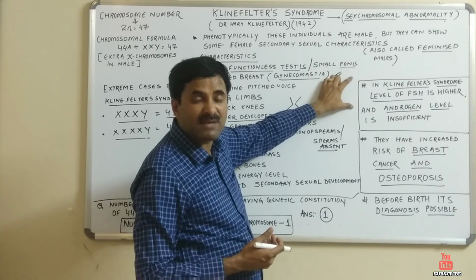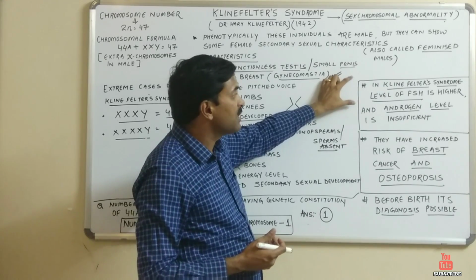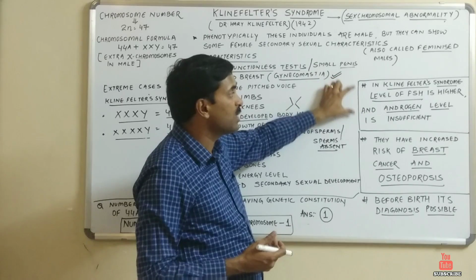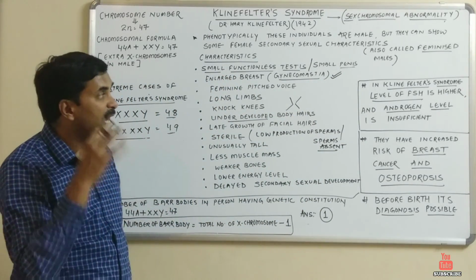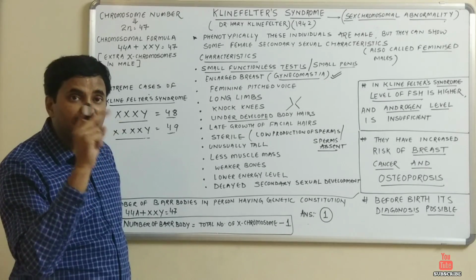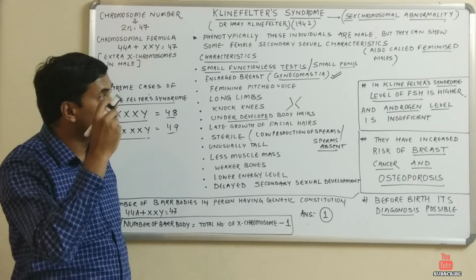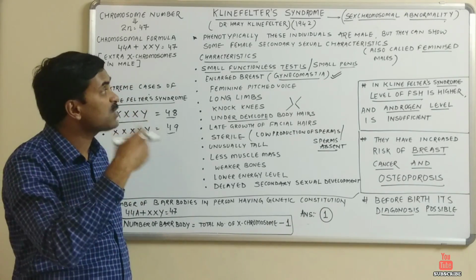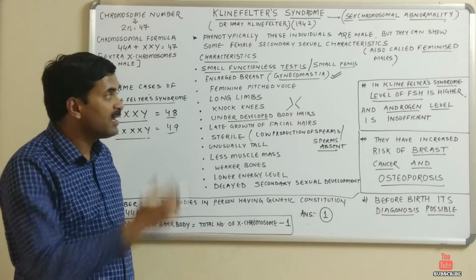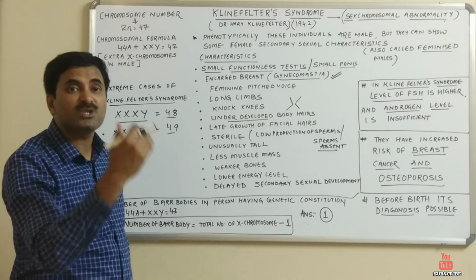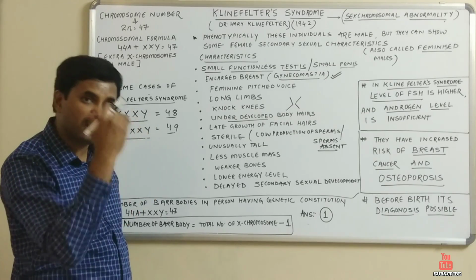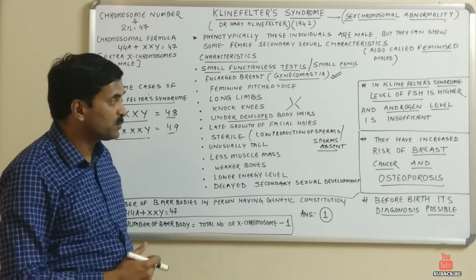We know very well what is FSH, follicle stimulating hormone. They have a high level of FSH hormone, and an insufficient or lower level of the androgen hormone. Because of the higher level of FSH hormone, they are showing more feminine characteristics, and they have less level of androgen. Androgen means testosterone hormone. So they have less level of androgen hormone.